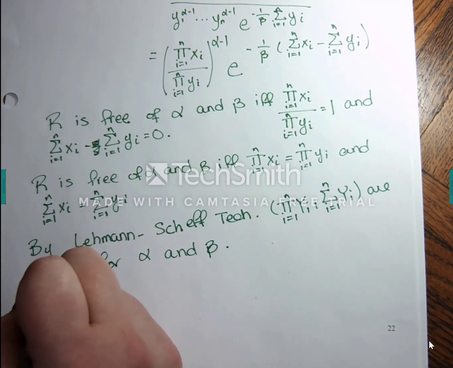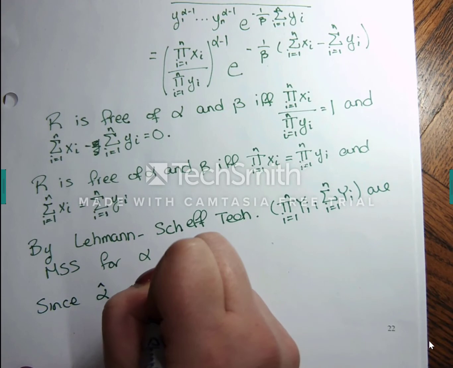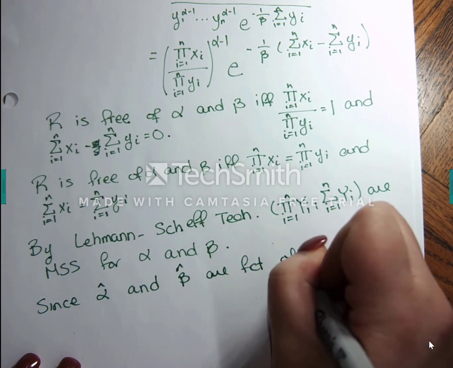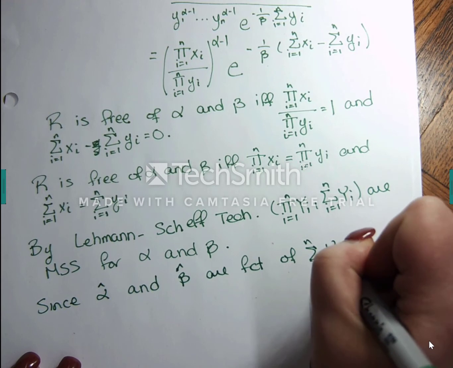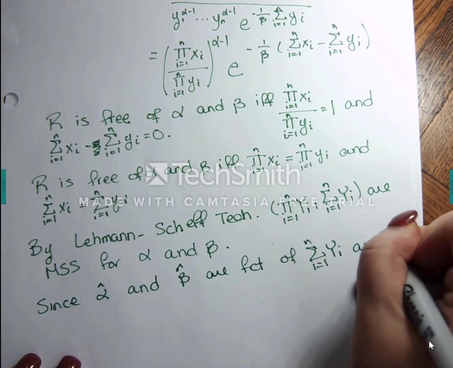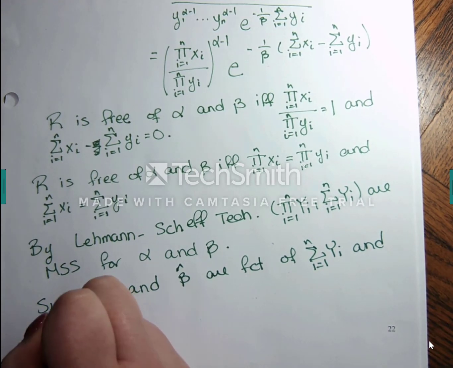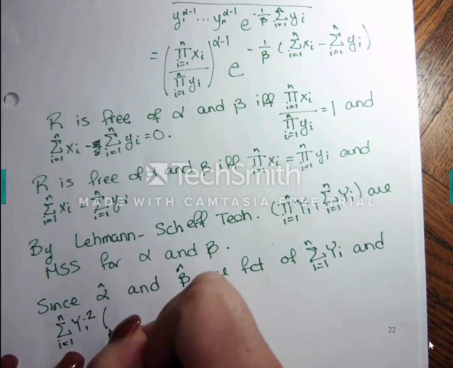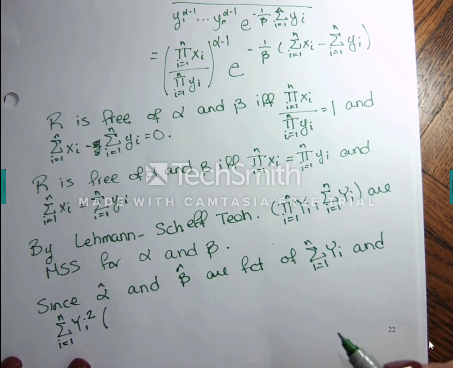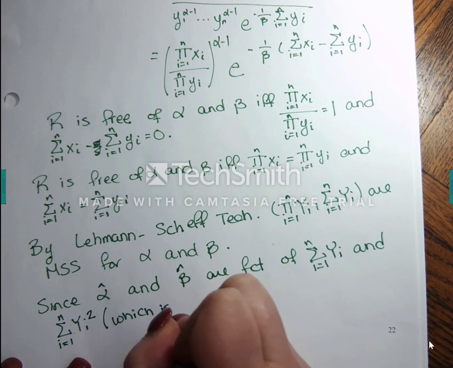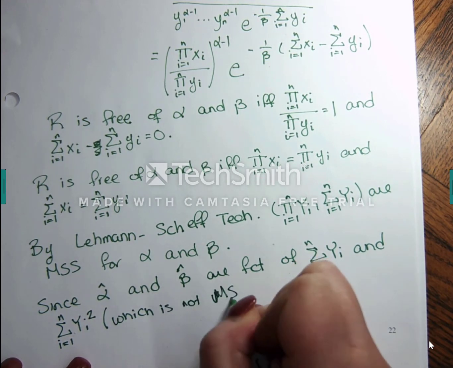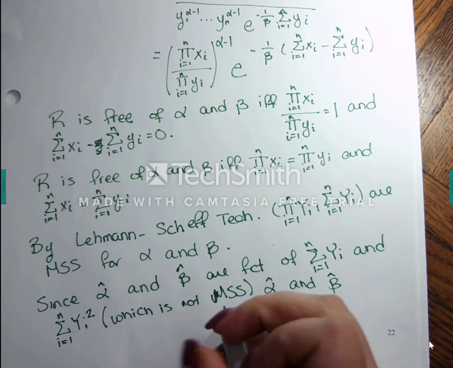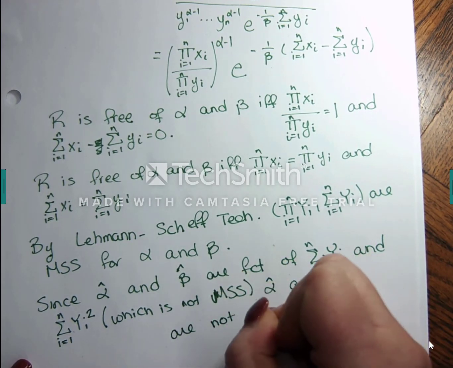Now, since alpha hat and beta hat are functions of the sum i equals 1 to n yi and the sum i equals 1 to n yi squared, and notice this is not MSS, alpha hat and beta hat are not MVUE.